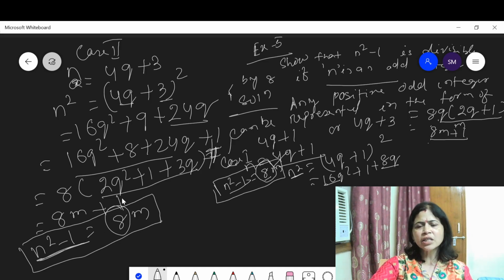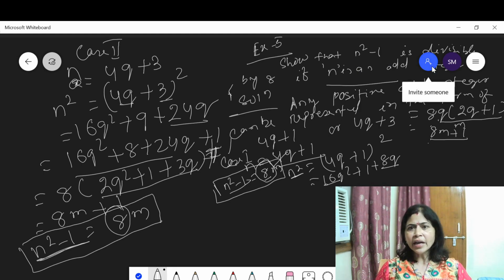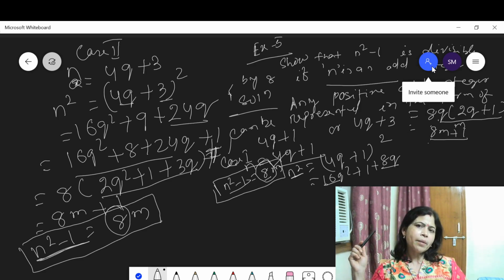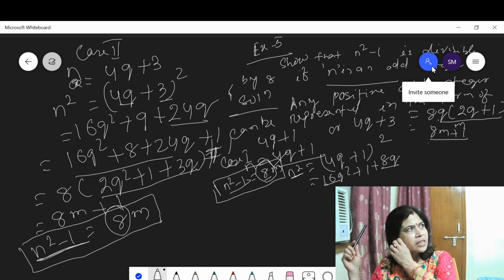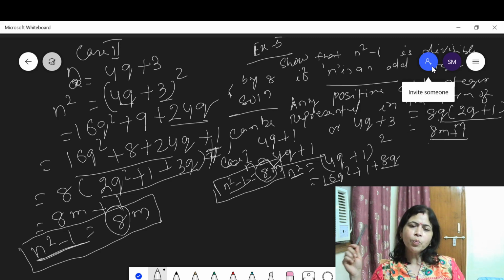In this example 5, you have to show that n square minus 1 is divisible by 8 if n is an odd integer. If n is any odd integer, then n square minus 1 is always divisible by 8. You know that any positive odd integer can be represented in the form of either 4q plus 1 or 4q plus 3.